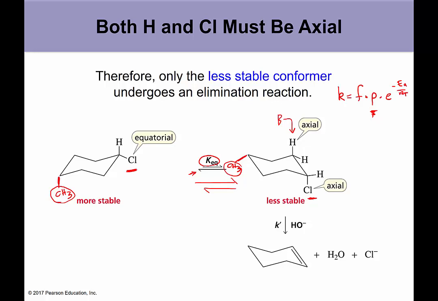So regardless of what the energy or the temperature of the system is and the frequency of collisions is, by altering the structure of the substituents on the ring, by, for example, putting a methyl group that forces the chlorine to be axial, you can change the rate of reaction when this reaction takes place.